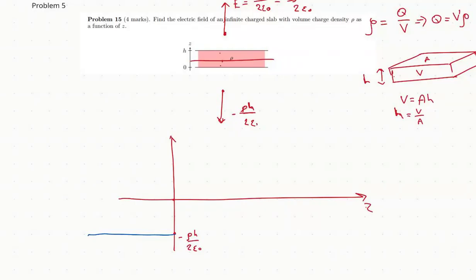Now when you are at a height h, it's going to be plus rho h over 2 epsilon naught. And there's no reason why in the middle it's not going to be linear, because it's proportional to the widths. So in the middle, it's just going to go like this. So this is the solution.